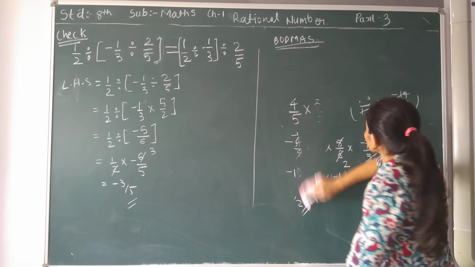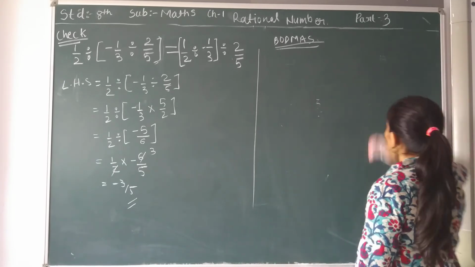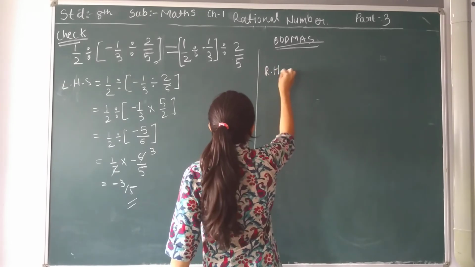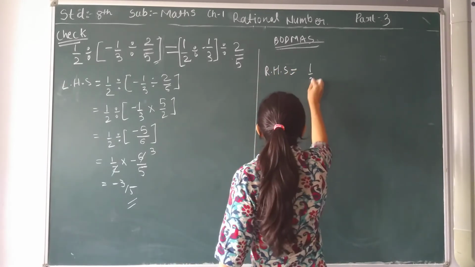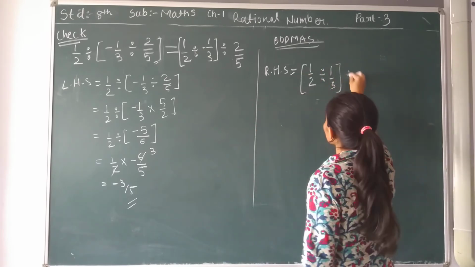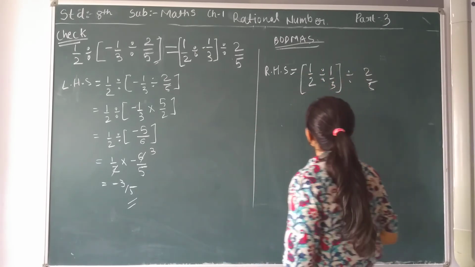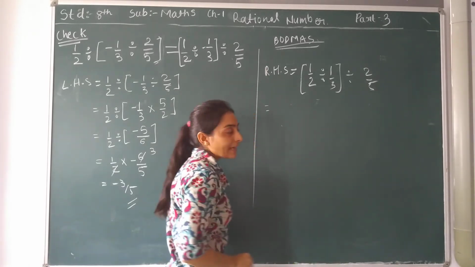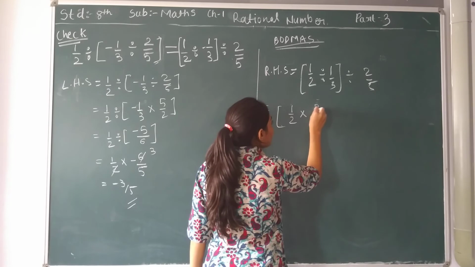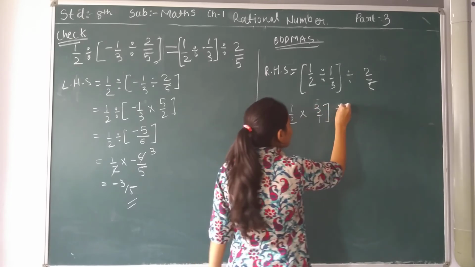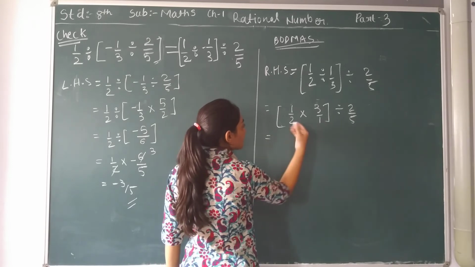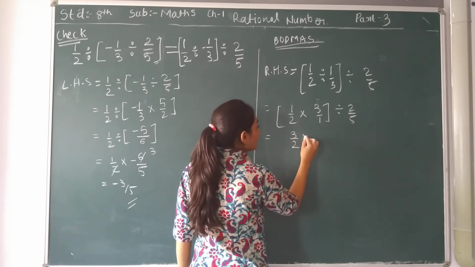For the left hand side, my answer is minus 3 upon 5. Now, take the right hand side part. Right hand side: 1 upon 2, 1 upon 3 and 2 upon 5. First solve the bracket. So bracket says 1 upon 2. Take the reciprocal, 3 upon 1, 2 by 5. Okay, nothing is common. So just multiply, 3 upon 2.